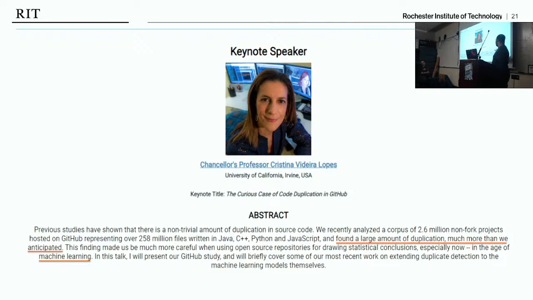They looked at 2.6 million projects on GitHub, obviously, right? We're speaking of 256 million files. And they found a crazy amount of duplicate code among these projects. Okay? And they're talking about this impacting all kinds of things, including anyone who tries to learn from source code.